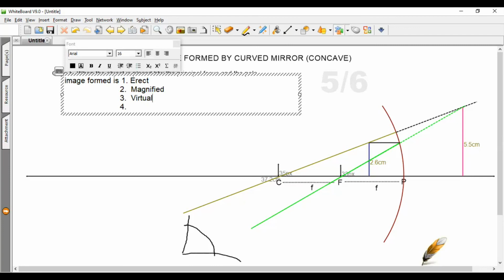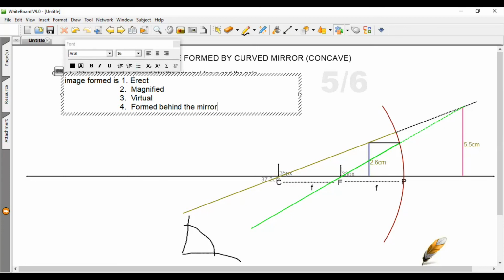You have to erect, magnified, virtual. And what else? It's not inverted. It is magnified, doesn't diminish. It is virtual, and it is formed behind the mirror.